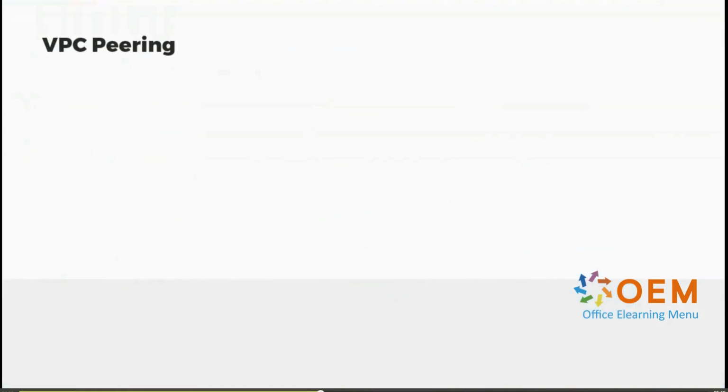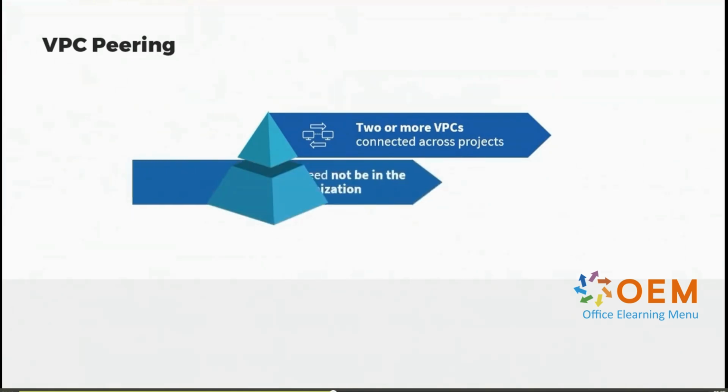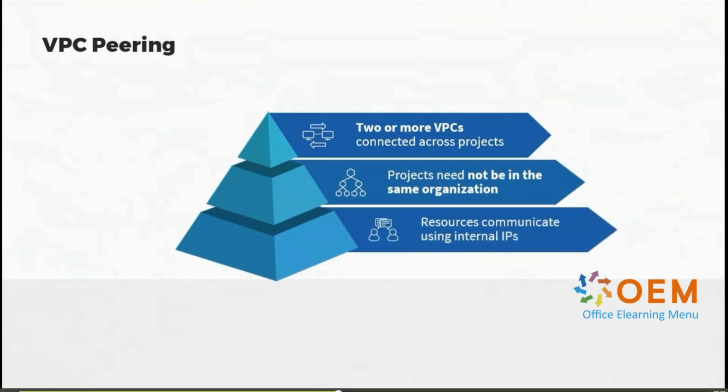Let's hit some of the main points about this VPC peering feature. Like shared VPCs, VPC peering is used to connect two or more VPCs connected across different projects. But importantly, this time the projects need not be in the same organization. Resources on different VPC networks will be able to communicate using internal IP addresses. So traffic between instances on these peered VPCs will not hit the public internet.